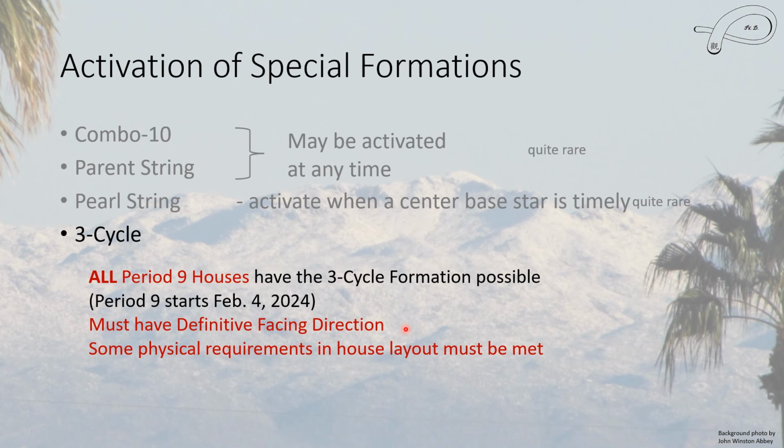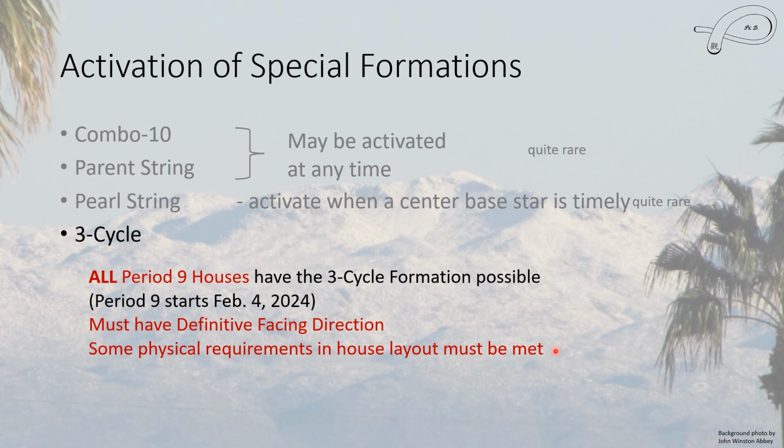Again, the house must have a definitive facing direction, and there are some pretty strict physical requirements in the house's layout inside the house and it's linked to outside that must be met. So sometimes this can be expensive. Sometimes you may already have it. It depends on your situation.